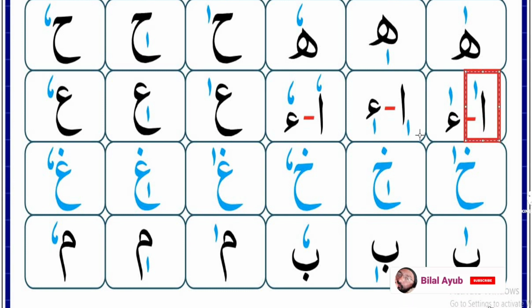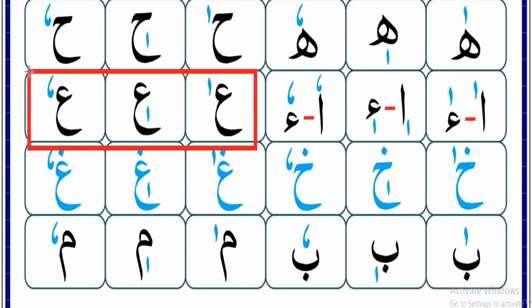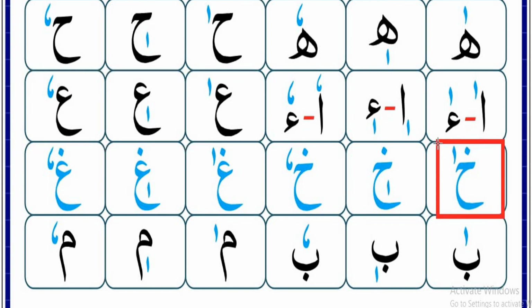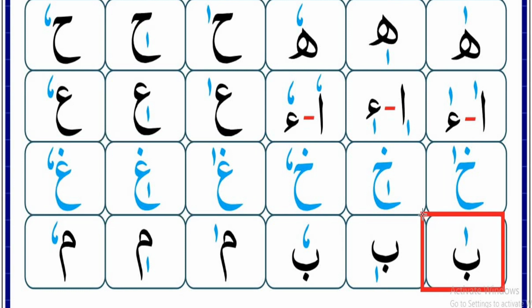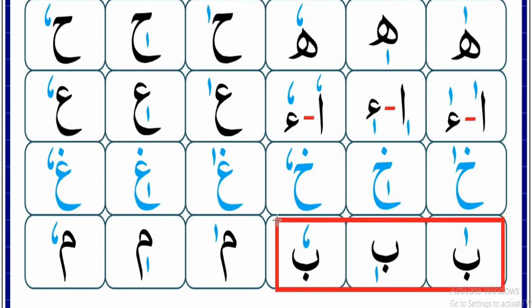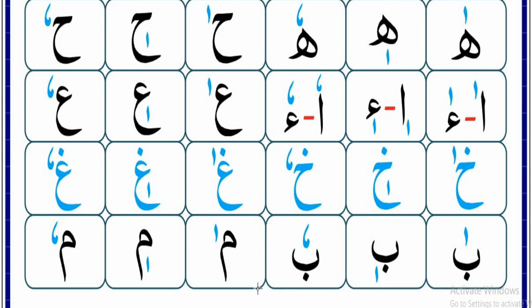It's a, i, u, a, i, u, kha, khi, khu, gha, ghi, ghu, ba, bi, bu, ma, mi, mu.